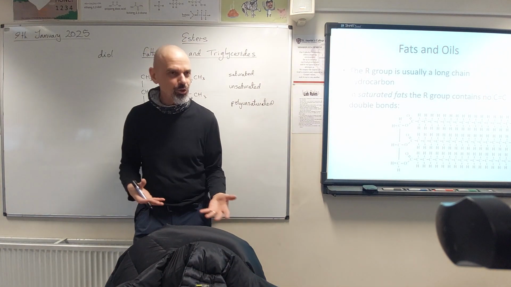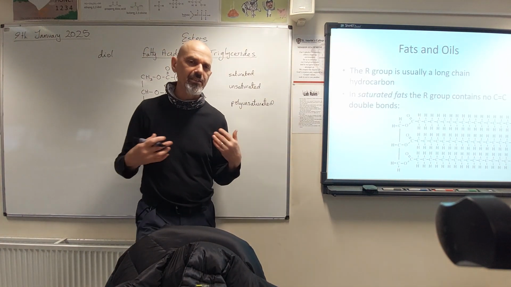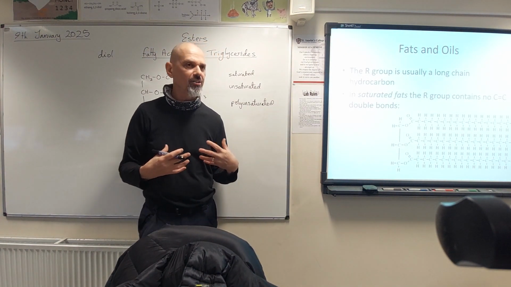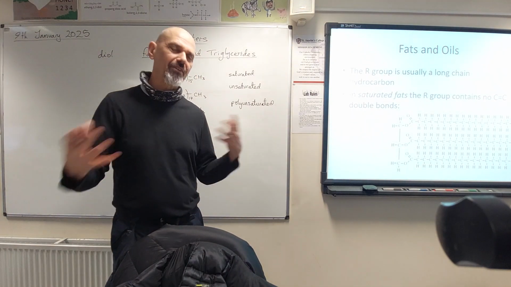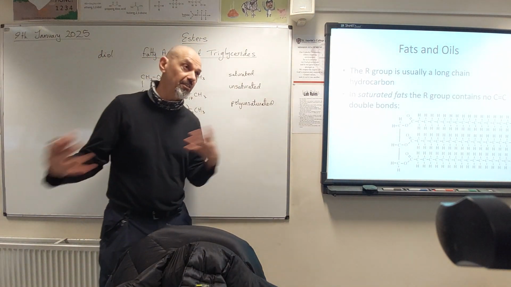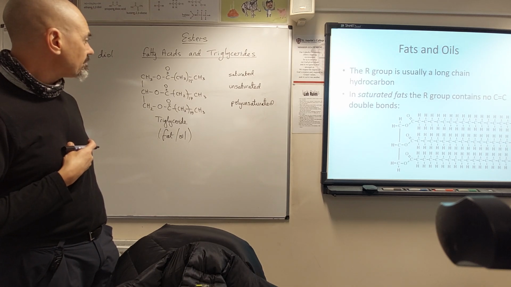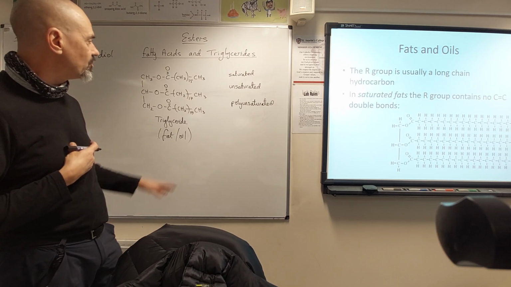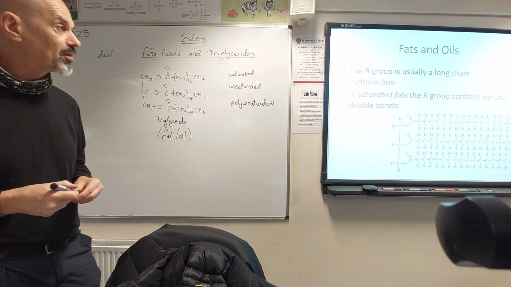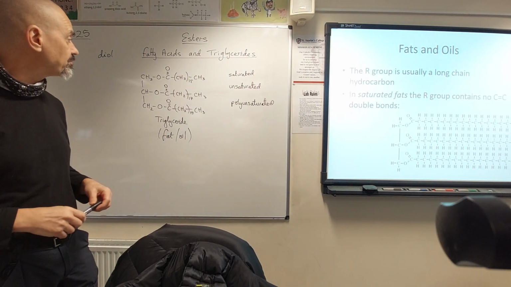We talk about cholesterol as well. These saturated fats tend to form layers of plaque in your arteries, and that slows blood flow, and then eventually the blood can't get to your heart, and then you have a heart attack and die. It just depends whether there's carbon-carbon double bonds in the molecule there.